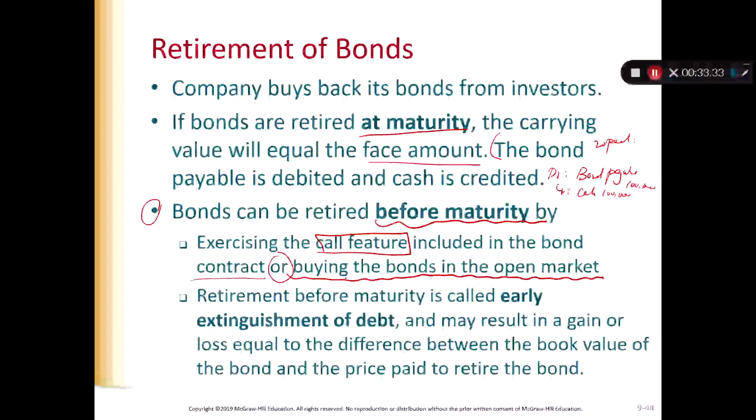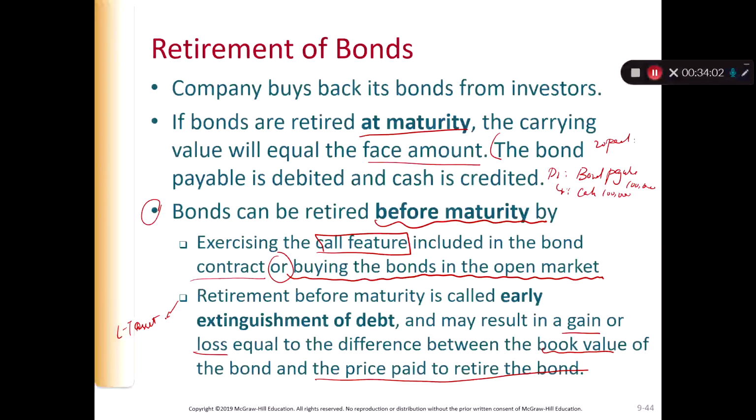And second of all, retirement before maturity we can call early extinguishment of the debt, and it may result in a gain or loss equal to the difference between the book value of the bond and the price paid to retire it. This is nothing more difficult than what we learned in long-term assets. Remember, long-term assets also can be retired early; you don't always need to use them to the exhaustion of the residual value.